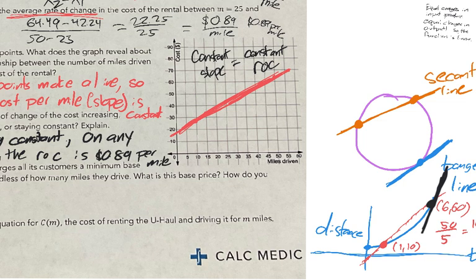If I wanted to approximate and get closer and closer to the actual speed, I could take that red line and shorten the distance between the points. So instead of going between 1 and 6, let's say I went between 5 and 6. Can you see the secant line between the purple points?